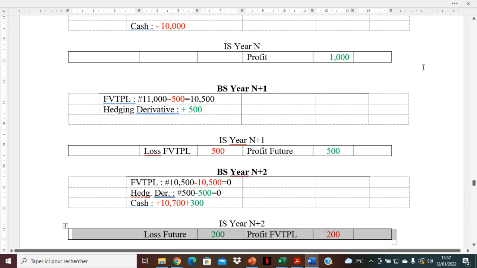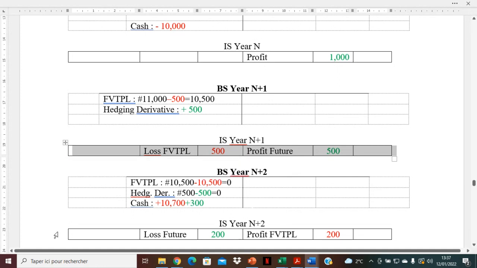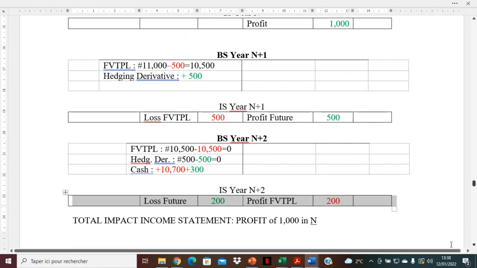If I look at my situation over 3 years, in year N, I have a profit of 1,000. In year N plus 1, I have a profit of 0. And in N plus 2, I also have a profit of 0. So the total impact on my income statement over 3 years is 1,000.